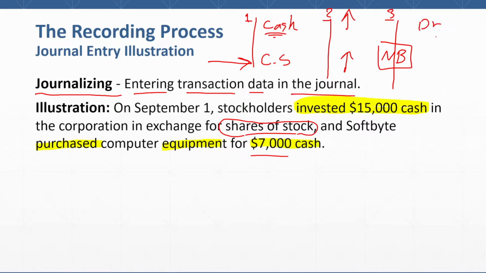It is debited because the normal balance of assets is debit. Common stock is increased here. Again, we go with the normal balance. The normal balance of common stock is credit, so we credit it. As soon as we are done with these 3 steps, we are ready to do the journalization. But before we do that, let me read the second transaction.